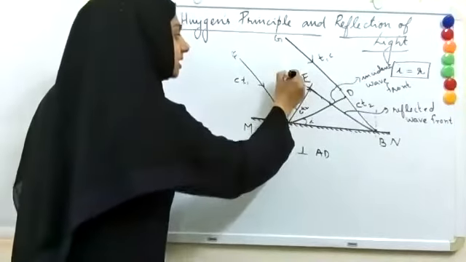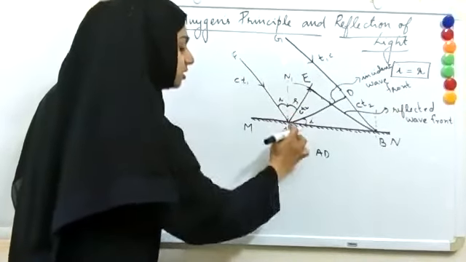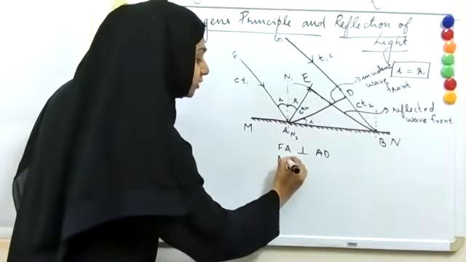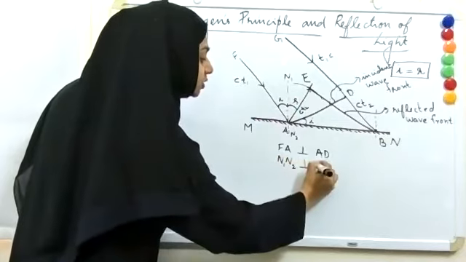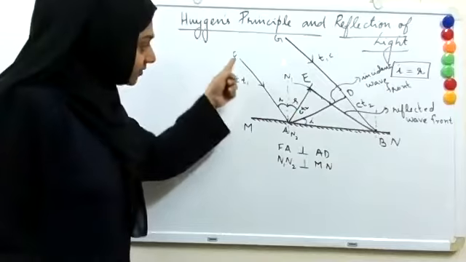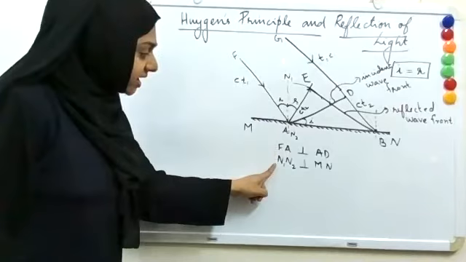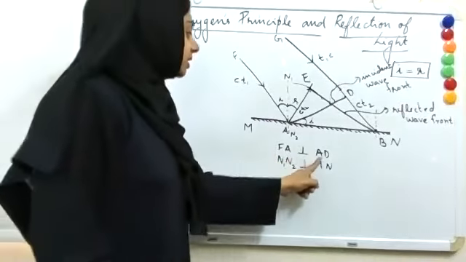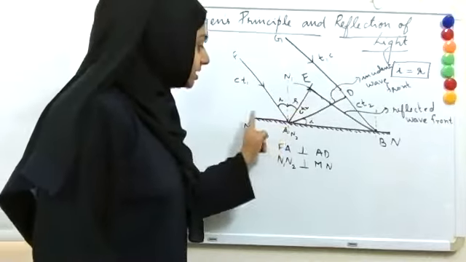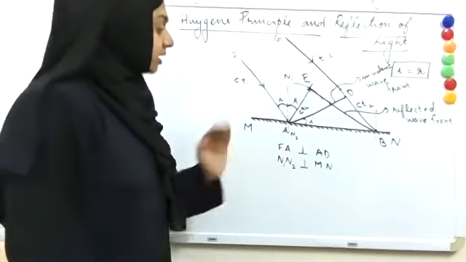Similarly, N1, N2 is the normal, and this is the surface MN. So the normal N1N2 is perpendicular to MN. So the angle between the incident ray and normal, that is the angle between FA and N1N2, will be equal to the angle between these two lines, that is AD and MN. Is that clear? Yes, teacher, got it. Yes, clear.